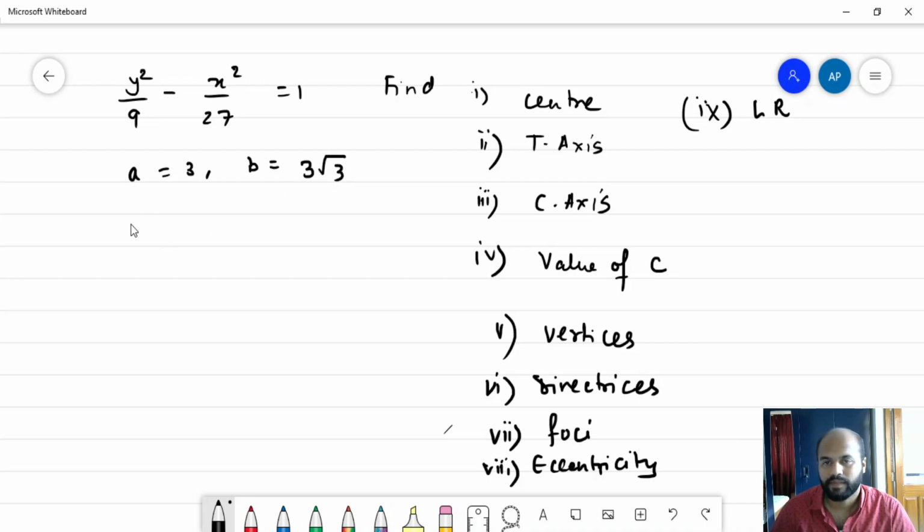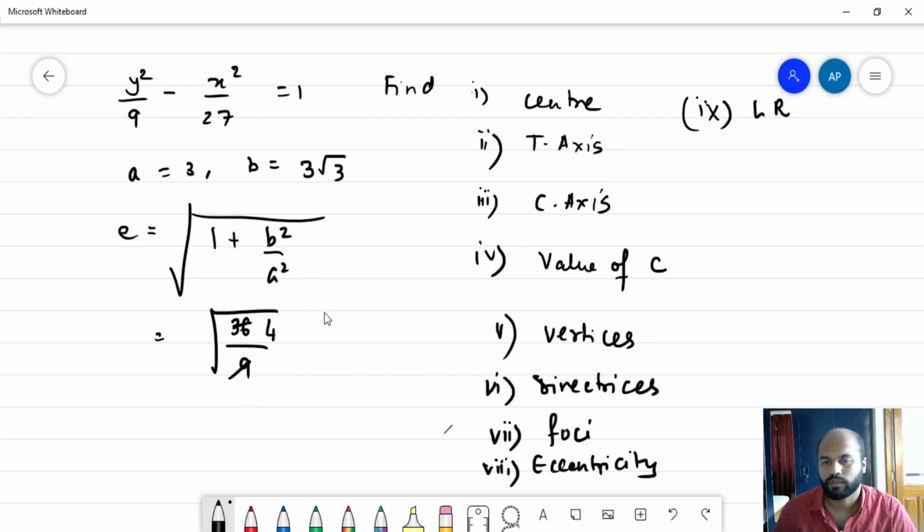Now once we have this, we can find the eccentricity. It is root over 1 plus b square by a square. This is going to be a square plus b square on top, that is 9 plus 27, which is 36, by a square, that is 9. Root over of this, 4, is 2. So eccentricity is 2.